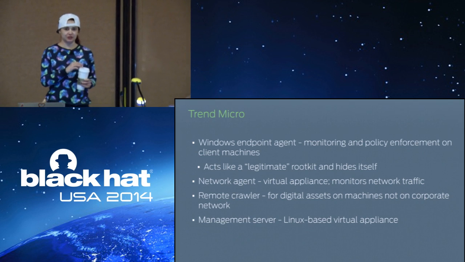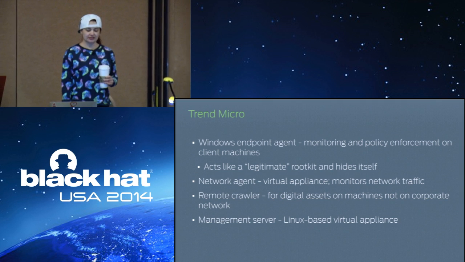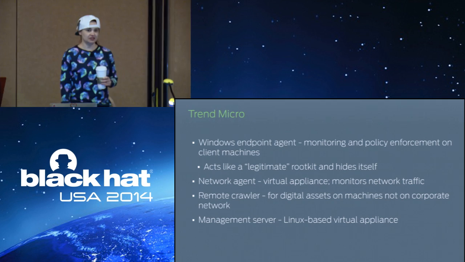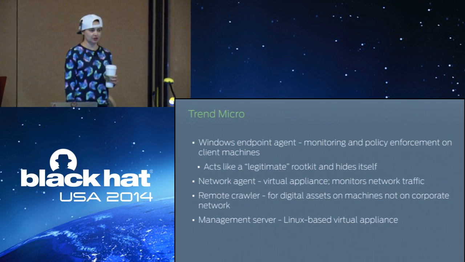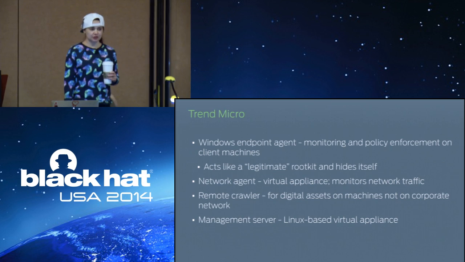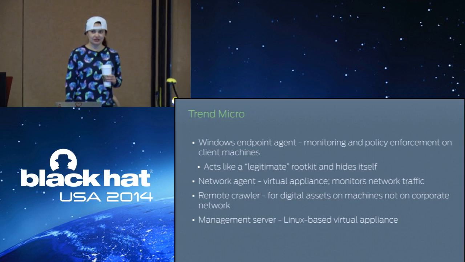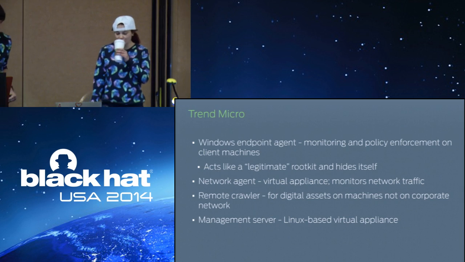So you're going to install this on somebody's desktop, and like the agent, it's going to scan all the content on the person's desktop, basically whatever directory you tell it to scan, and it's going to report back to the management server about whatever it found. How it can do that if it's not on the corporate network, we'll talk about that later.